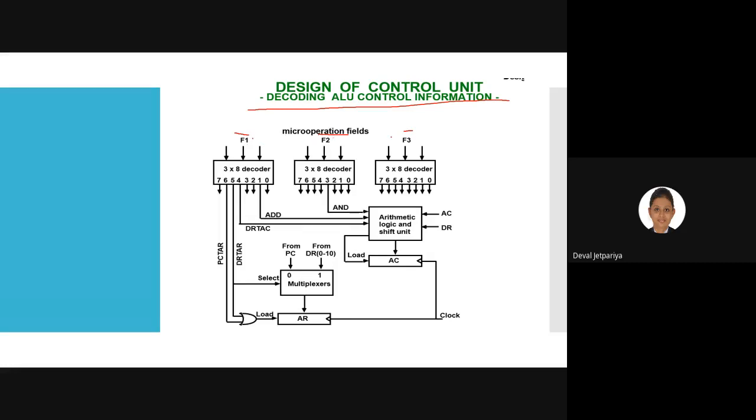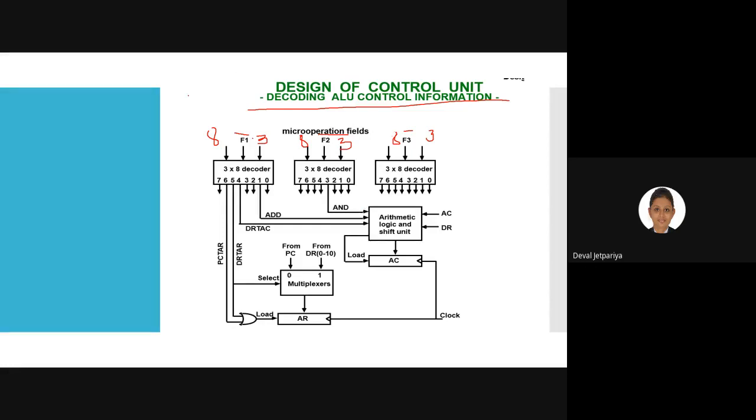So F1, F2 and F3, in every table we have instructions, and each operation has a 3-bit data length, right? So with 3 bits we are able to get 2 raised to 3, that means a total of 8 instructions in each set, be it F1, F2 or F3.